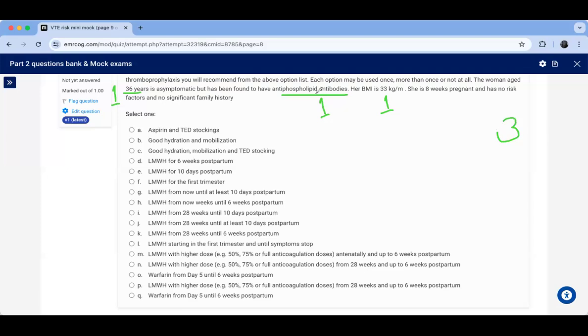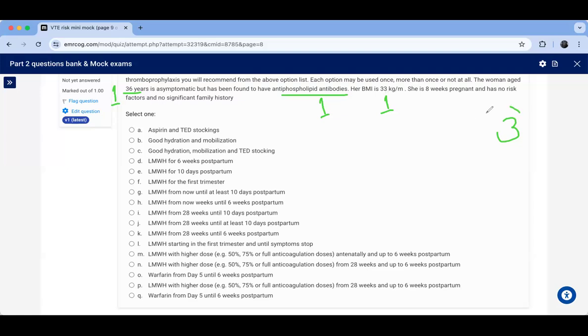Antiphospholipid antibody is 1, since it's only the antibody, with no previous history of DVT. This is not antiphospholipid syndrome associated with poor pregnancy outcome before. No, this is only the presence of antibody, which can be temporary. So it's 1 plus age 1 plus obesity 1, because this is BMI 33 only.